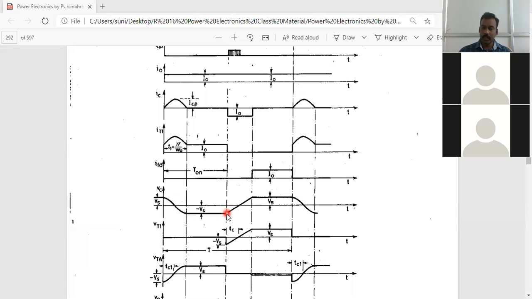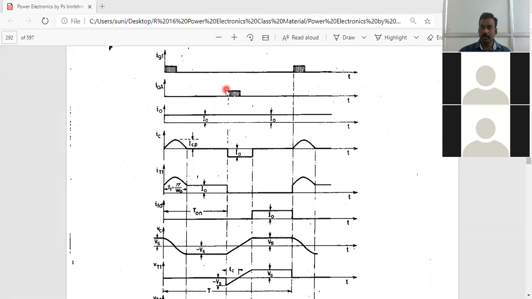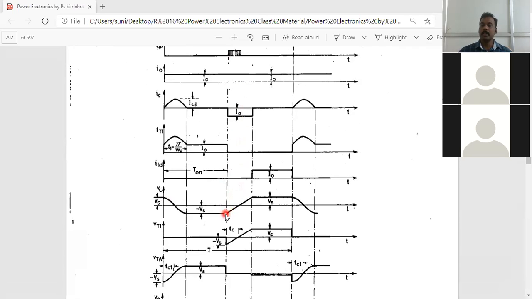At this instant, the auxiliary device is turned on, and again the capacitor charges in the reverse direction, making the potential plus Vs. So this is completely related to the voltage prevailing across the capacitor.